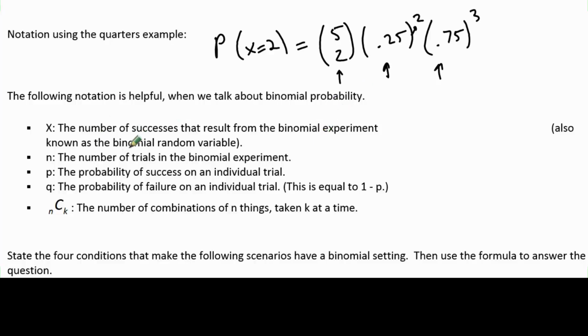So some of the notation things. X is the number of successes, but you have to state this yourself, okay? You can't just start using probability that x equals 2 and just assume that the AP knows what you're talking about. So you have to tell them, let x equal the number of successes.